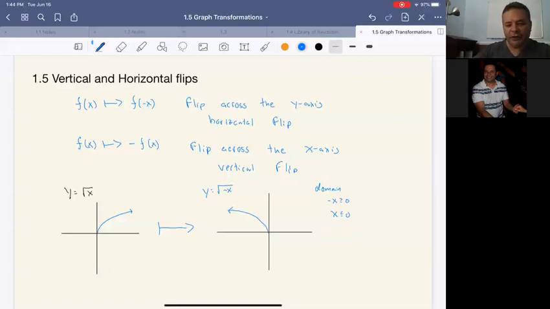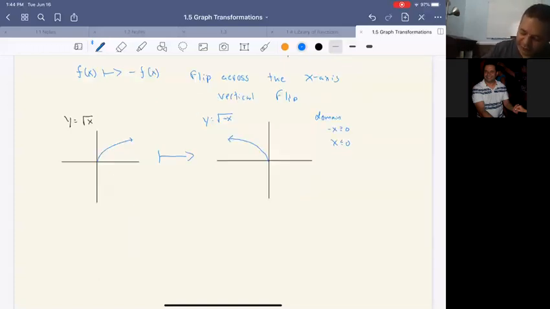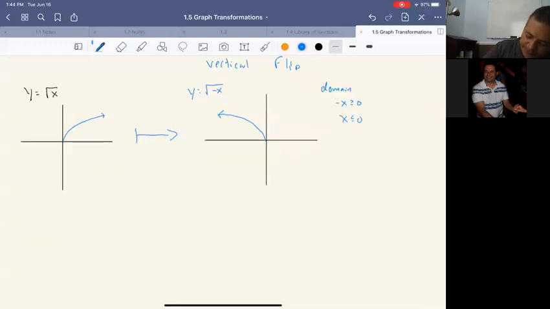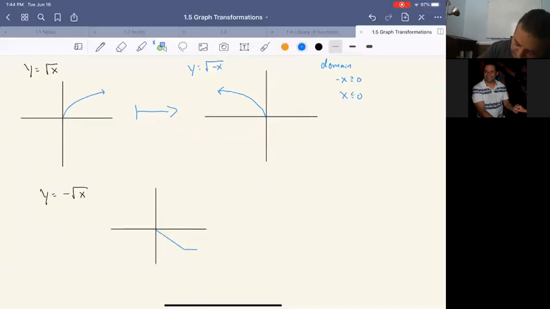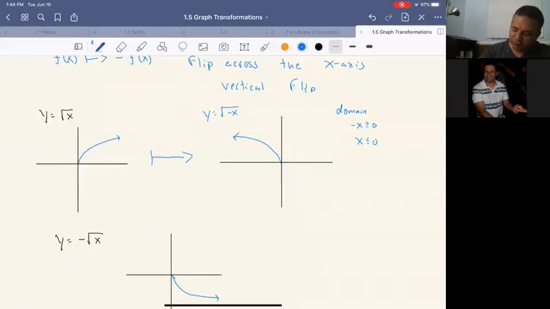Okay, versus, let's say, y equals negative square root of x, which looks like so. Okay, that's a flip.